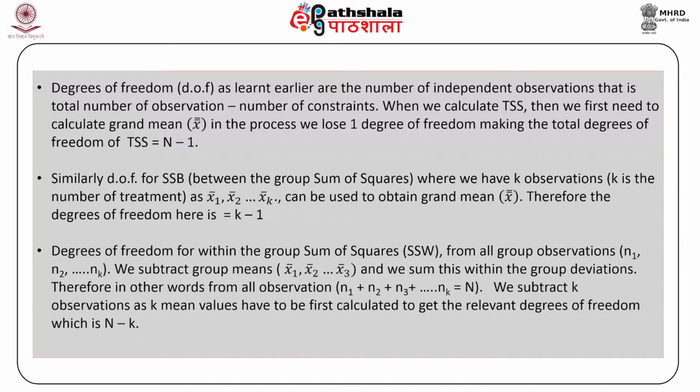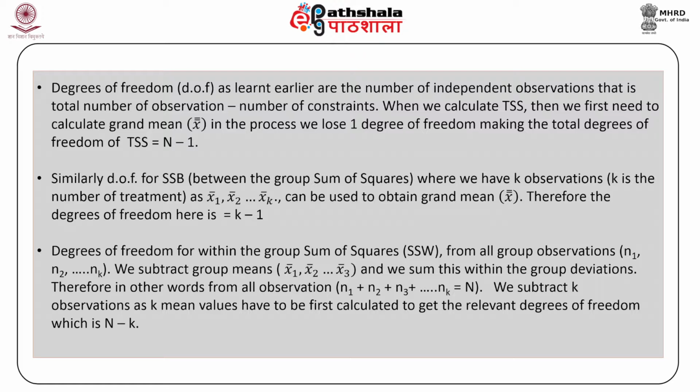Now you can see that we have already defined degrees of freedom as the total number of observations minus the number of constraints. And these N minus K, K minus 1 and N minus 1 are nothing but the degrees of freedom. When we calculate TSS, we first need to calculate the grand mean, X double bar.